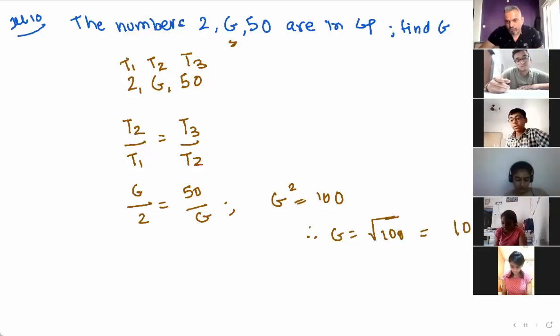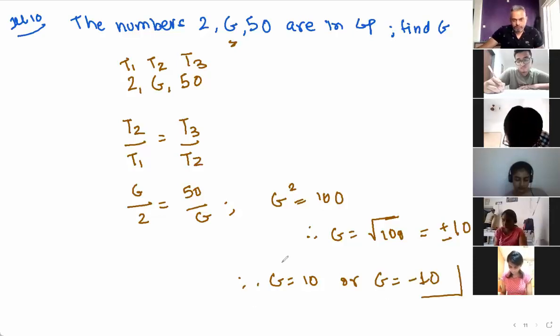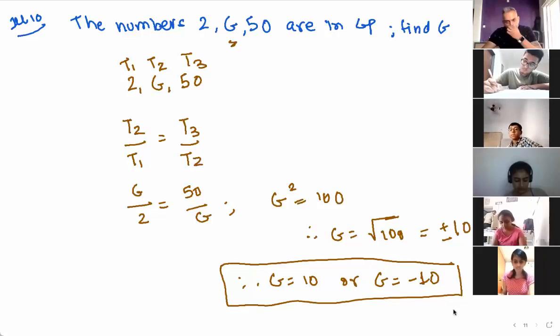Saying just 10 is wrong. It will be plus or minus 10. Therefore, G is equal to 10 or G is equal to minus 10. Got it? All of you? In your homework, you have to do illustration 1 to 10 again on your own.